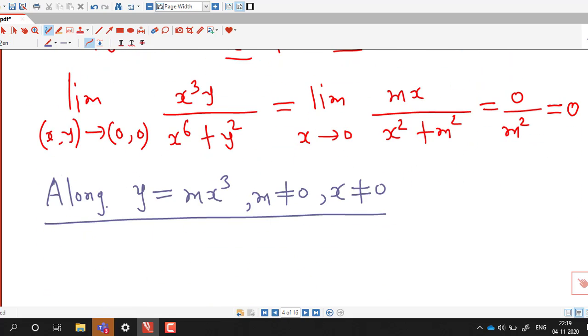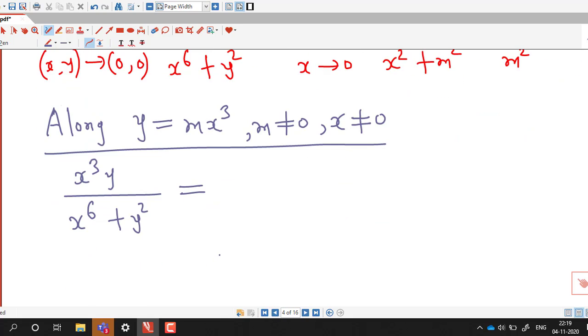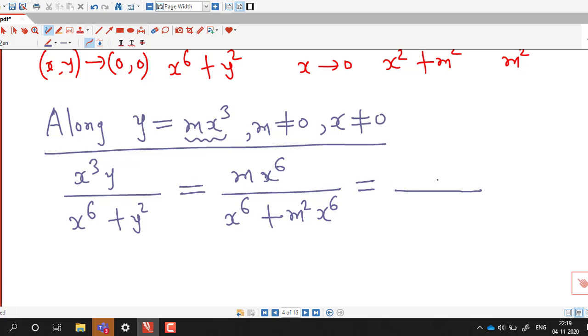So the function is x cube y over x raised to 6 plus y square, and we put y equal to mx cube. So this will be m into x raised to 6 over x raised to 6 plus m square x cube square, that is x raised to 6. So here we can cancel out x raised to 6 and we are left with m over 1 plus m square, and we cancel out x raised to 6 because x is non-zero.